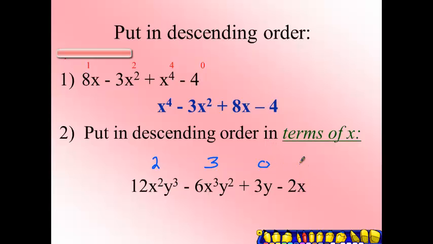Here, the exponent of x is equal to 1. So once we write this in descending order in terms of x, we are going to start with negative 6x^3y^2, followed by positive 12x^2y^3, and then minus 2x, and then your 3y. So this will be the descending order in terms of x of this polynomial.